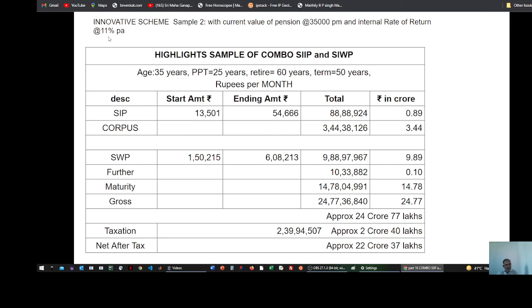The internal rate of return should be more than the inflation protection, and it is of the order of 11% for 6% inflation protection. Also, with this rate of 11%, we can achieve both withdrawal with inflation protection as well as growth and maturity to the same protection level.